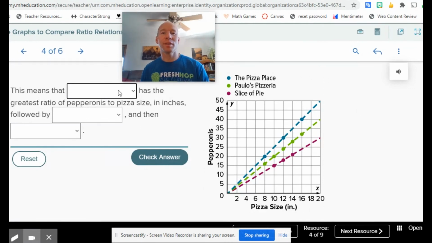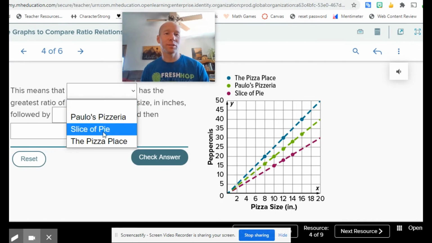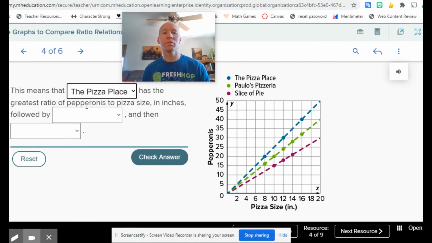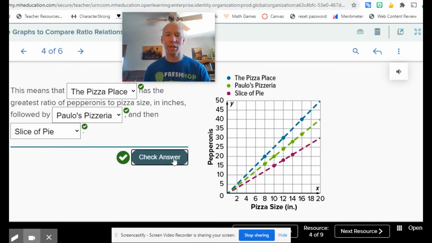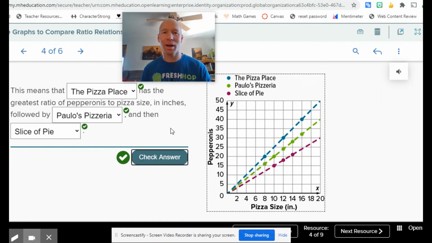So I'm going to say that the Pizza Palace has the greatest ratio of pepperonis to pizza size in inches, followed by the second most pepperoni at Paolo's Pizzeria. And then the Slice of Pie is the last one. I'm going to check my answers. And we've got it.